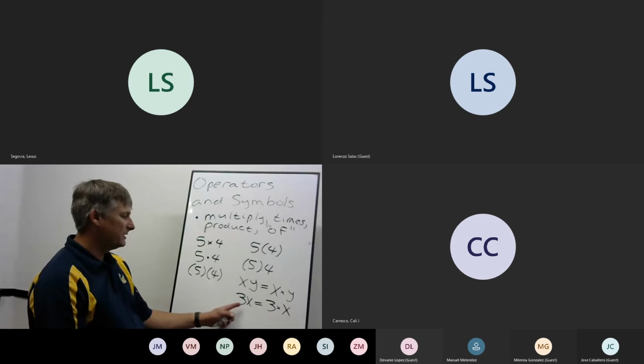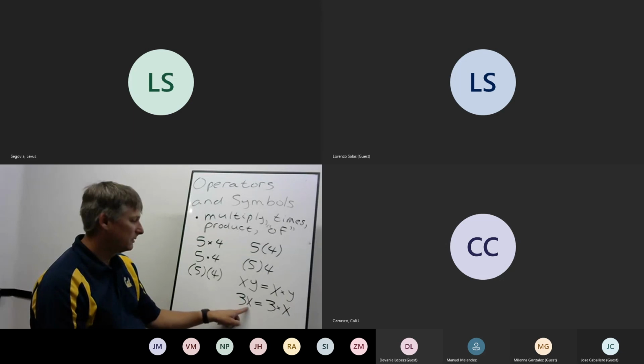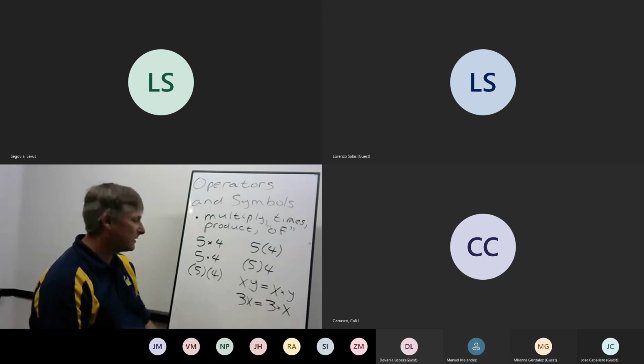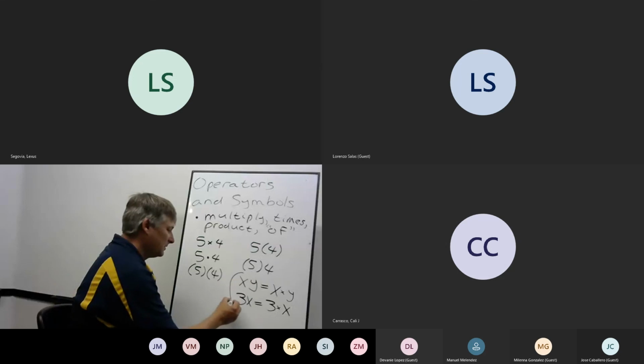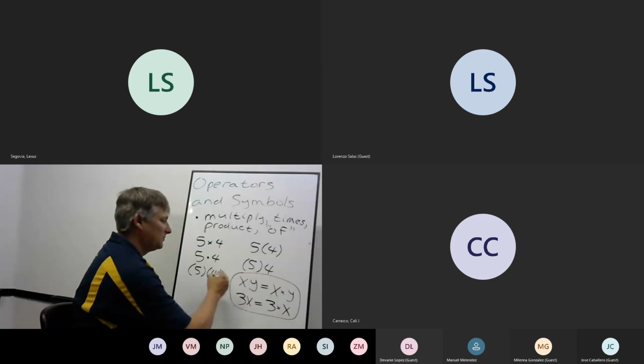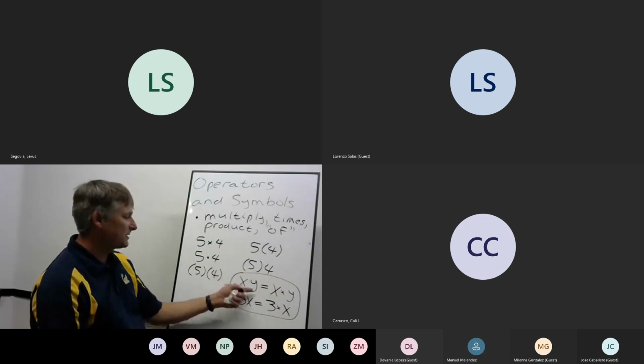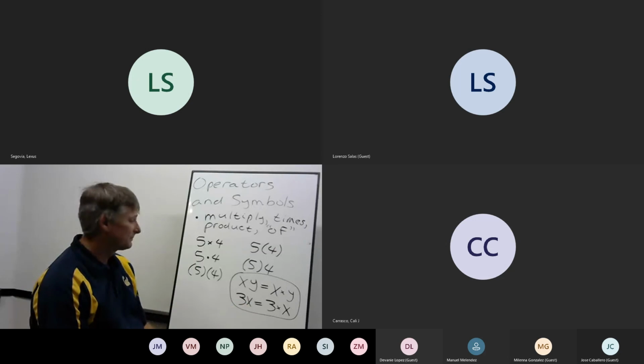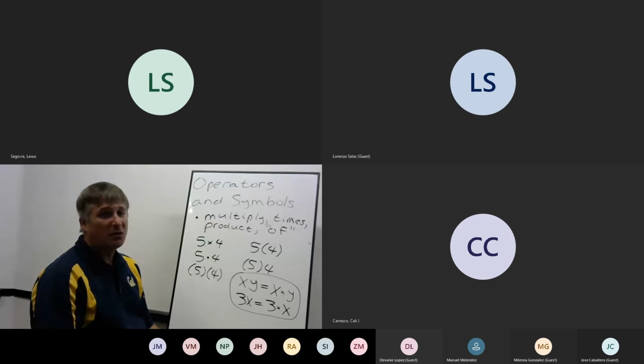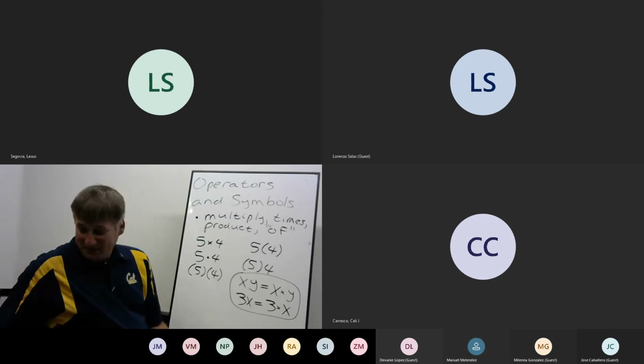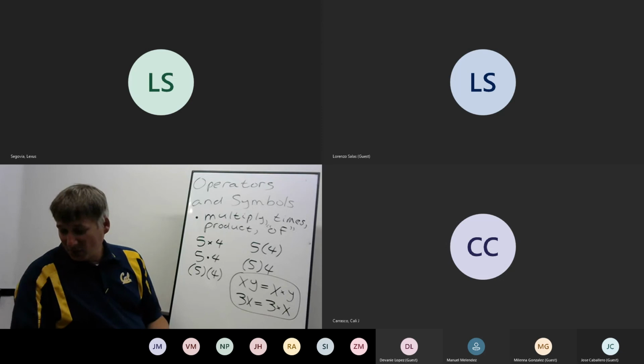So when you have a number next to a variable, it's 3 times that variable. These two can be kind of confusing. But this is x times y. This is 3 times x. So you can represent multiplication all these different ways. So we'll run into these throughout.